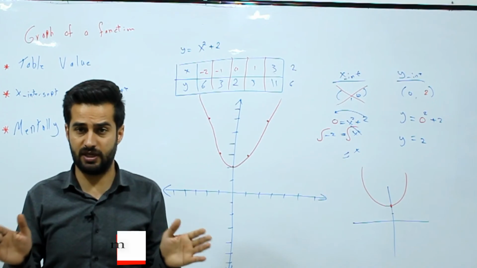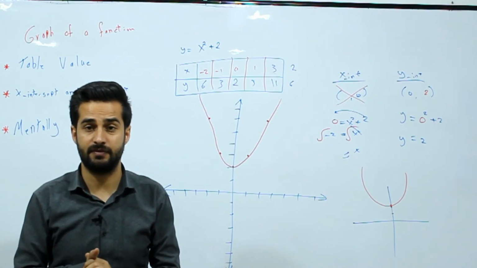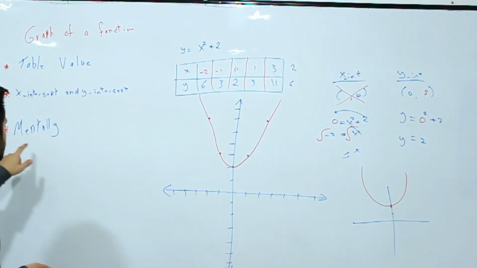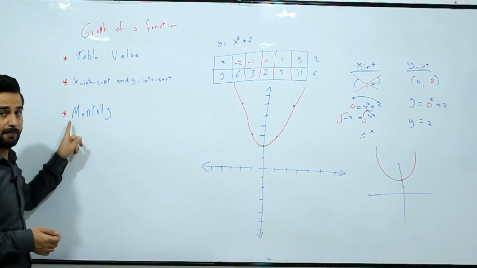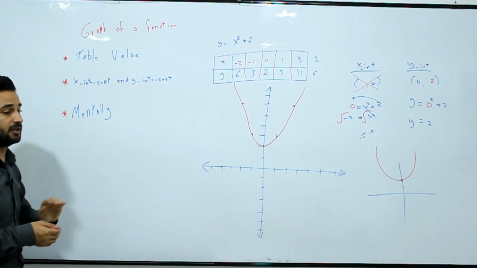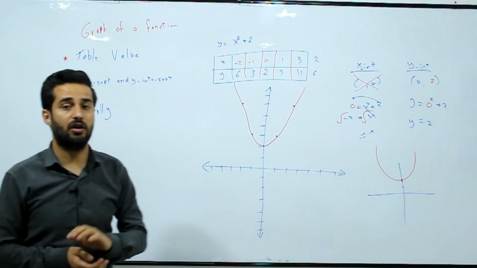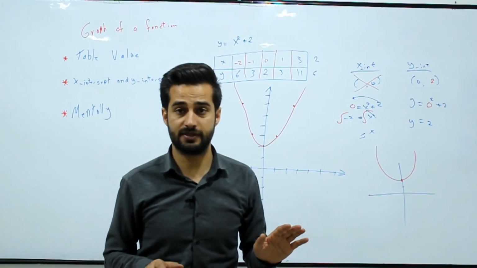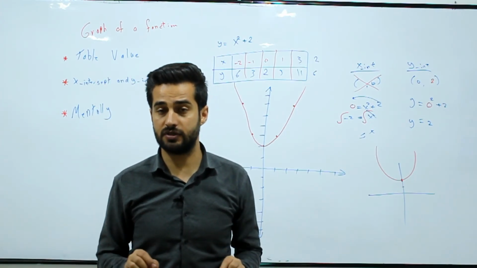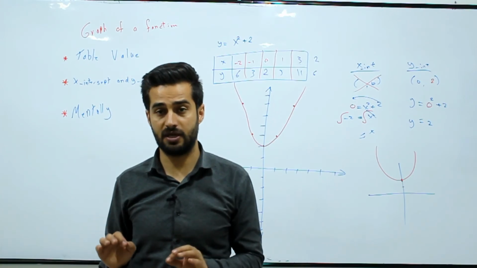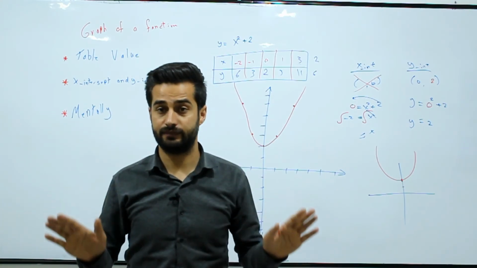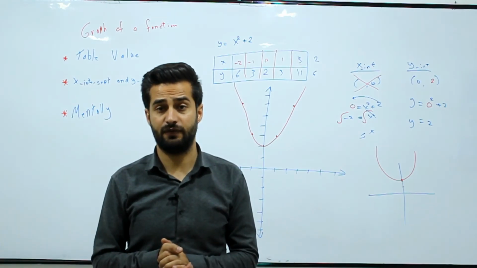And maybe you will make a mistake in a point, but my advice for you students, use this one mentally, okay? Mentally, you can find all the graphs in 5 seconds, not 5 minutes, okay? Use the mental method to graph all the types of functions.